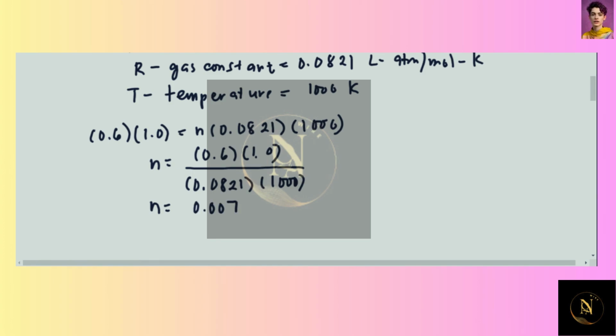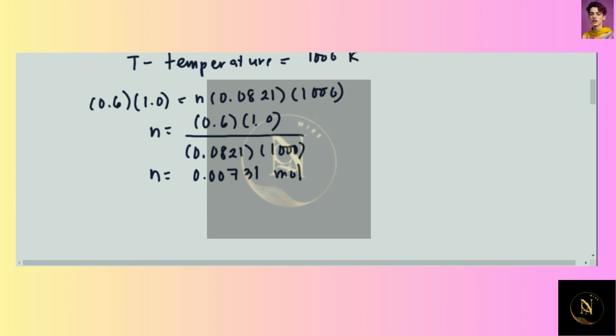which is equal to 0.00731 moles. And we can convert this into mass by multiplying the moles by the molar mass of CO2. So we have n times the molar mass of CO2.